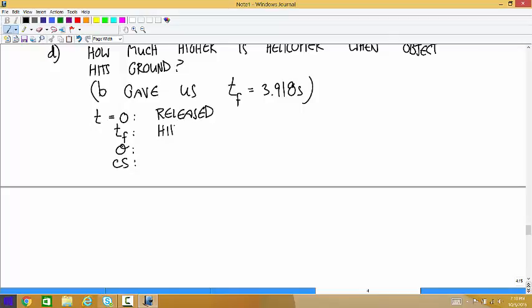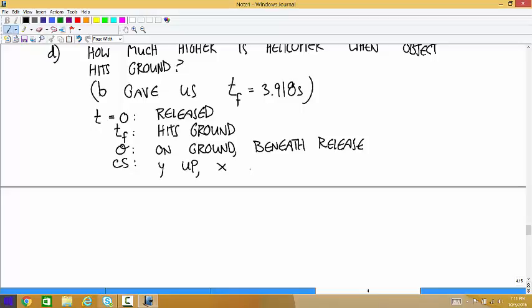TF is when the object hits the ground. The origin, let's say, is on the ground beneath the release point. And the coordinate system has the y-axis up and the x-axis horizontal in the direction of motion.